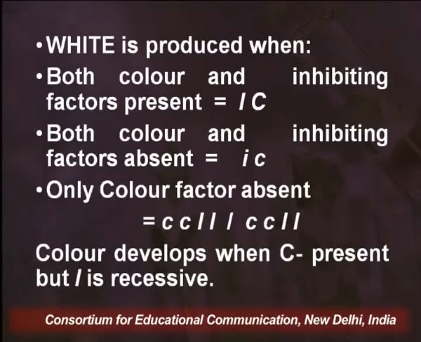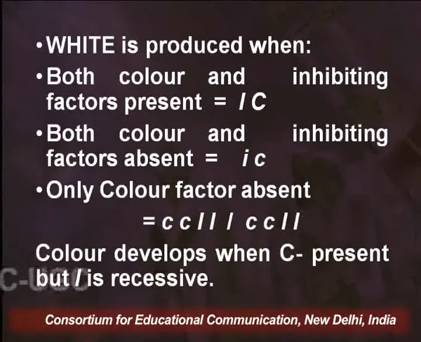And the third situation is only the color factor is absent, that you have a situation of capital I and a small c together, or small c and small i together. In any case, the color of feathers of the chicken would remain white.